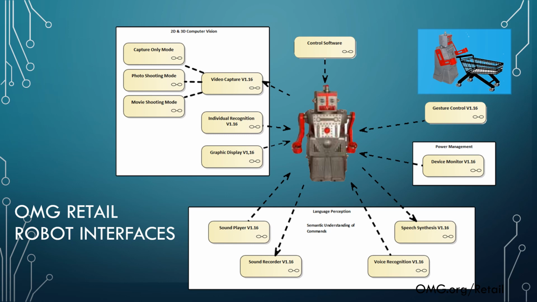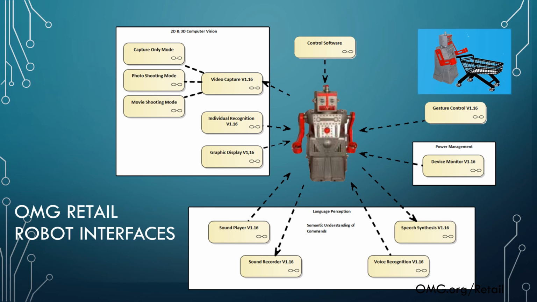This set of interface standards was created under the leadership of the Japanese group and is in the OMG retail inventory. We start with a set of visual standards: being able to capture video, being able to recognize an individual or things within the video, and being able to display video information.